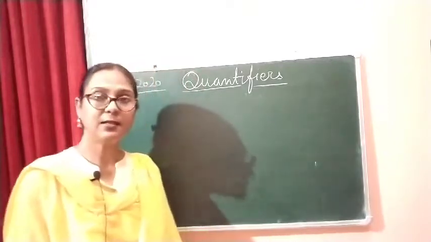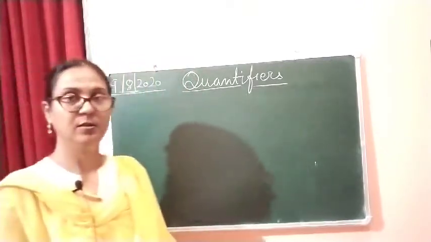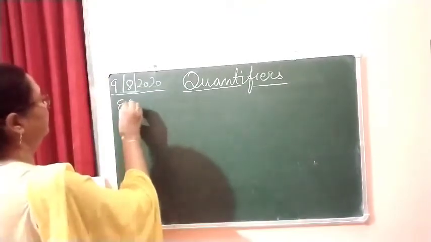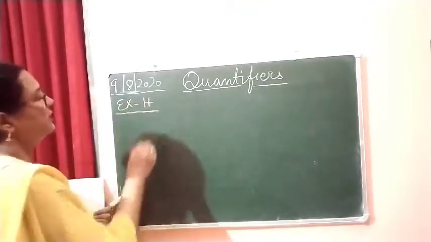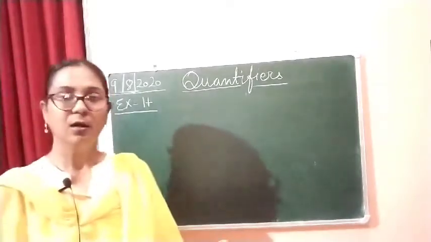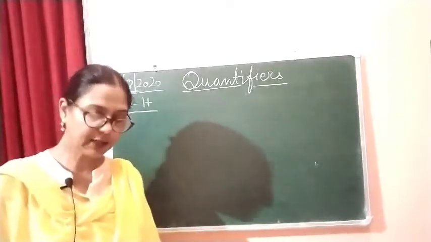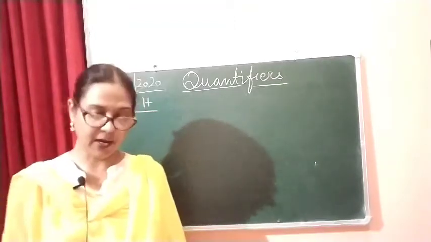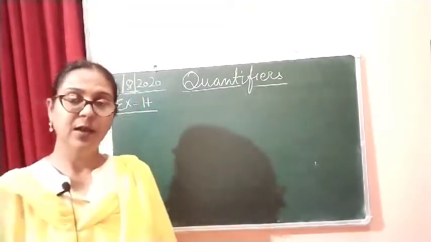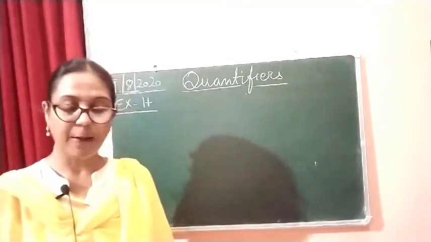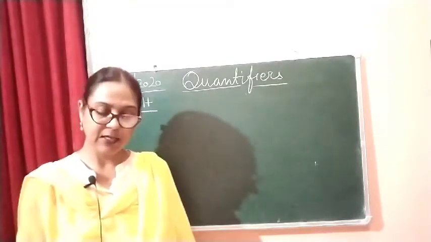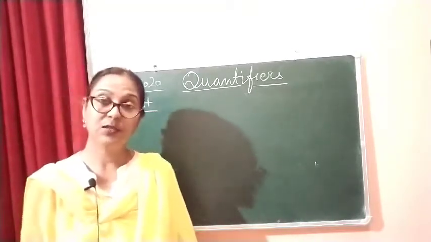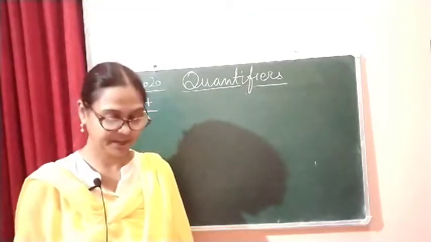This is exercise number H. Exercise number H. You can find this exercise on page number 46. Fill in the blanks using suitable quantifiers from the list: many, several, much, little, some, any, a few, or two. So this we are going to use over here.